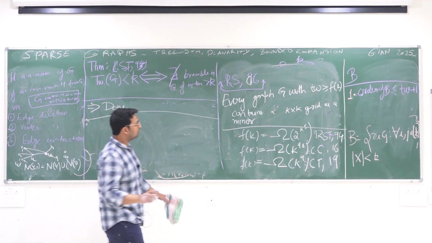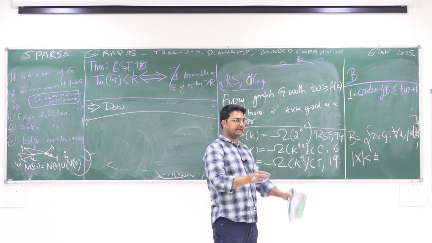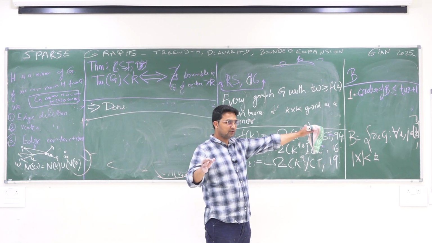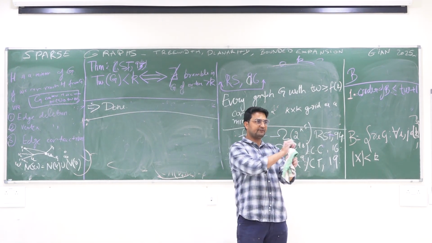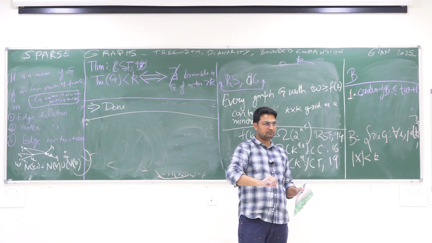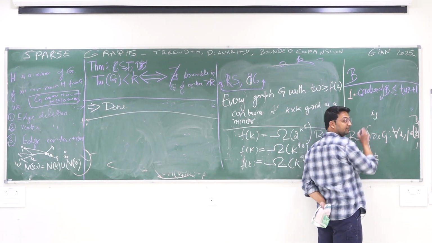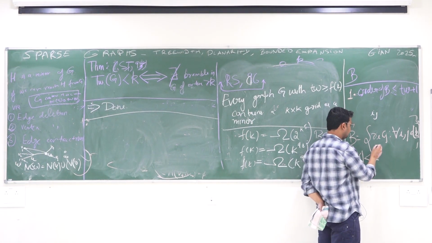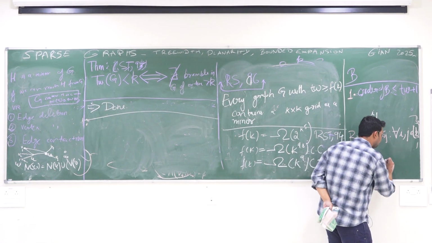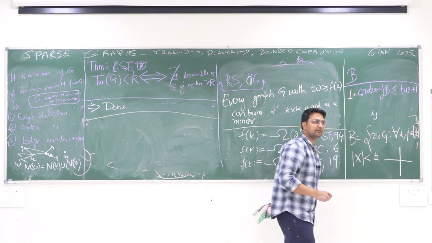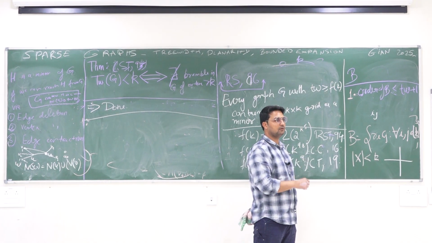At least k, because if you take fewer than k vertices of your grid, for sure you will miss one row and one column. So let's say that you miss the ith row and jth column, and there is a component in your Bramble which is R_i C_j. You cannot hit this component.